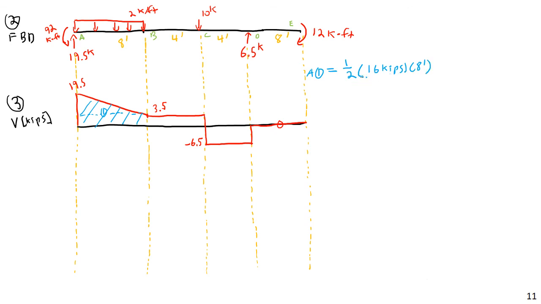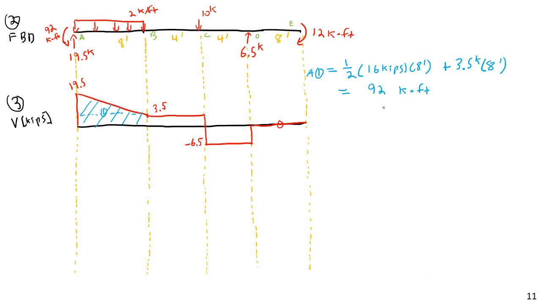That 19.5 minus 3.5 is 16; that is where that 16 kip came from. And then plus I need to add the area of the rectangle, so plus 3.5 kips times a length of 8 feet. And that comes to 92 kip feet.